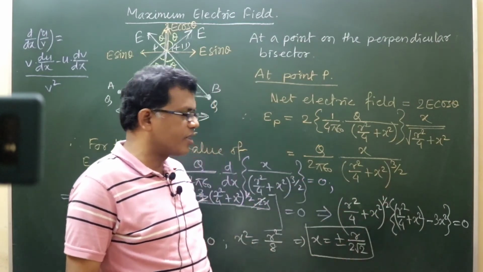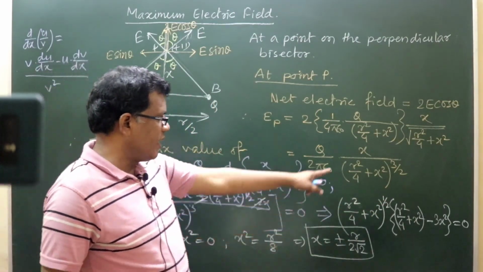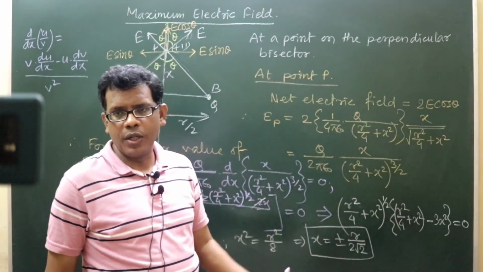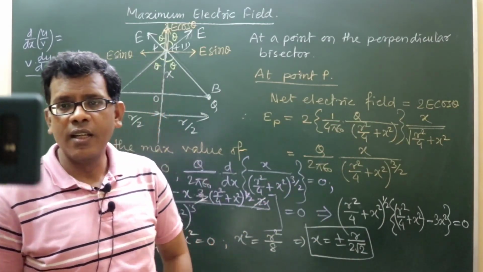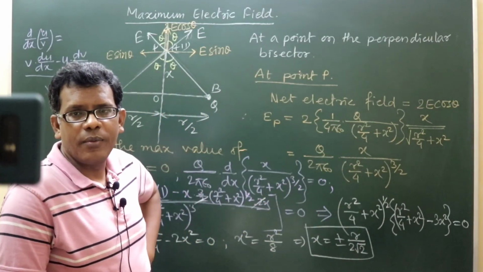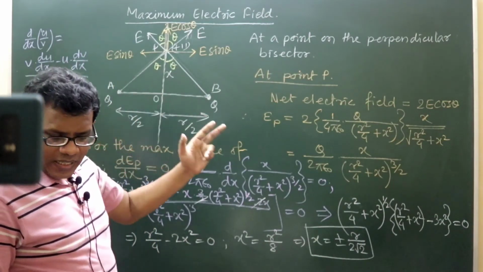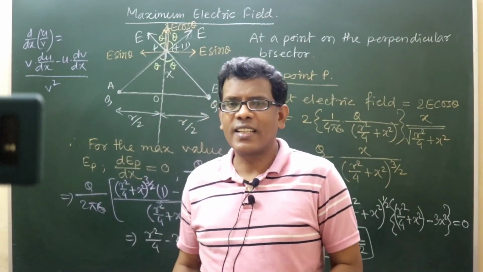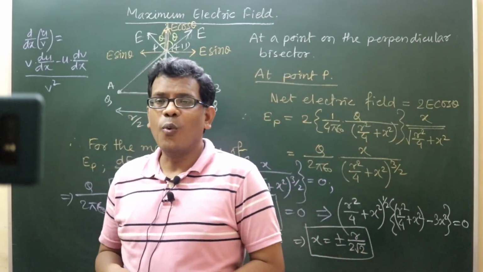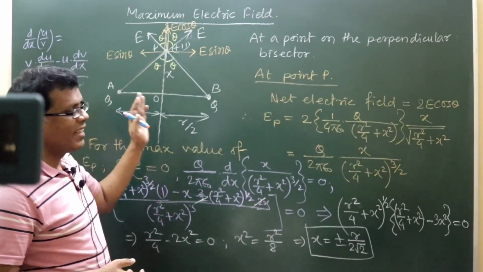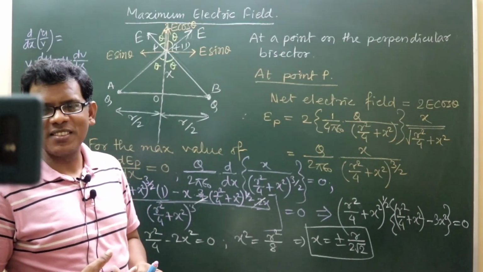If you substitute x square equal to r square by 8 and x equal to r by 2 root 2, whatever simplification result you get will be the maximum value of electric field at a point on the bisector line due to one pair of identical charge particles.